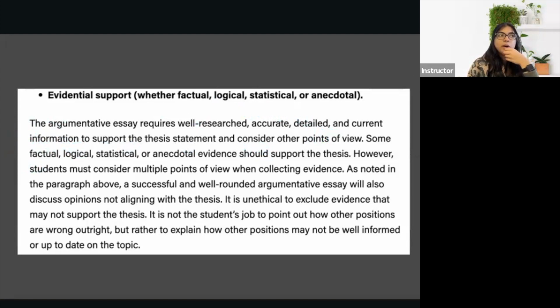Well-researched means that you're not just going to look it up and click on the first link and use that one, right? You want to really delve into the research and look at different websites if you can. Try to structure your questioning when you're typing it into Google or whatever. Think about how you are writing that.